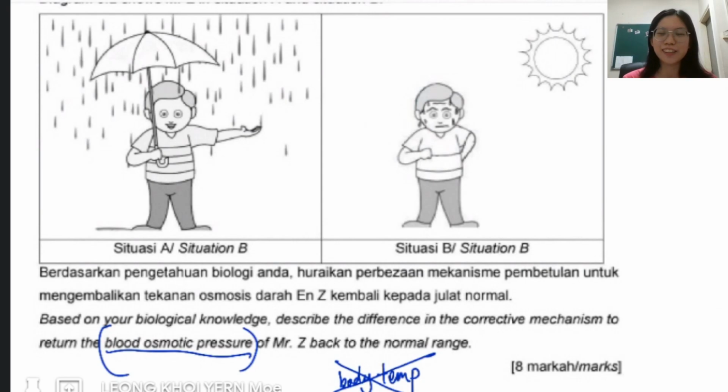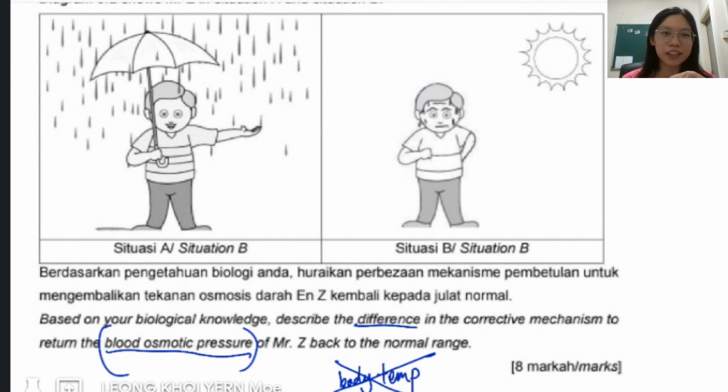So you have to describe the difference. When it comes to an essay question comparing and contrasting differences, it is better to write it in table form. This will be better for your examiner to mark and for you to answer, because sometimes when you differentiate a specific aspect, you forget to differentiate the other.